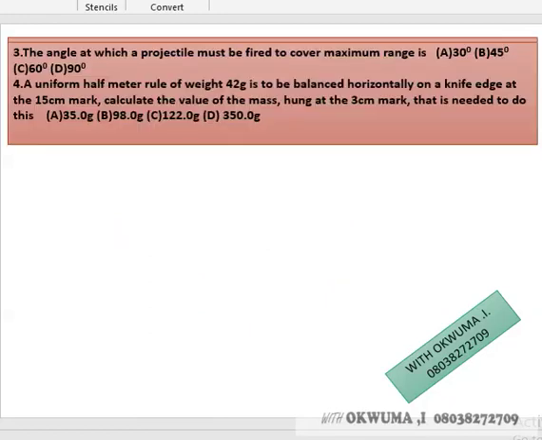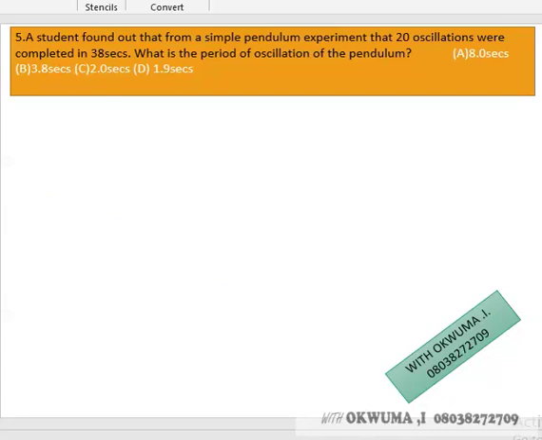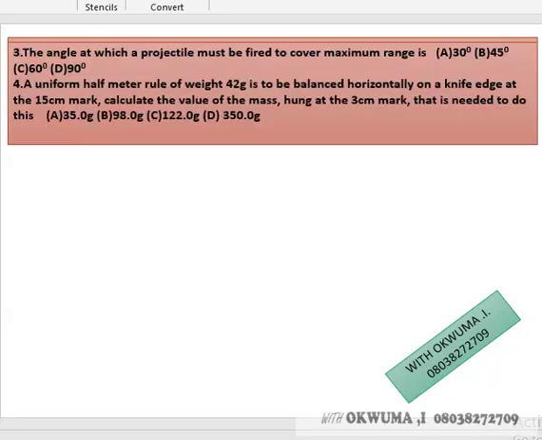Question number 3. The angle at which a projectile must be fired to cover maximum range is A, 30 degrees, B, 45 degrees, C, 60 degrees, and D, 90 degrees.